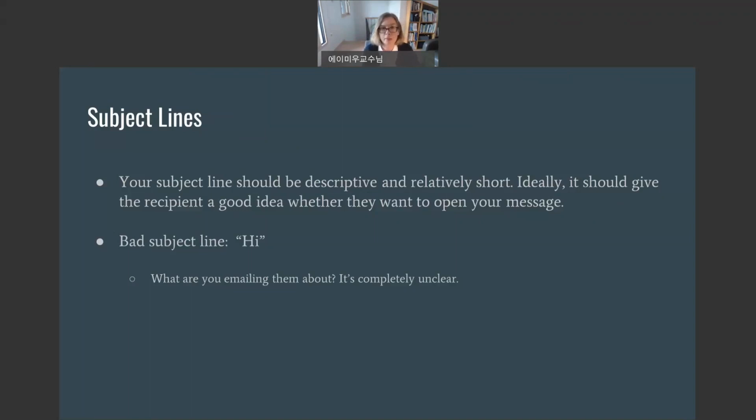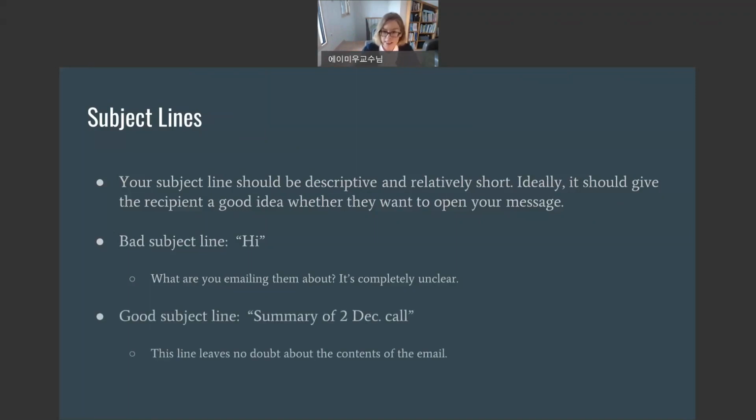I get these a lot from my brother. I guess he's just saying hi. But not in business, right? In business, you need to be more specific. People are busy. A good subject line would be summary of 2 December call. This line leaves no doubt about the contents of the email. You know exactly what it's about.